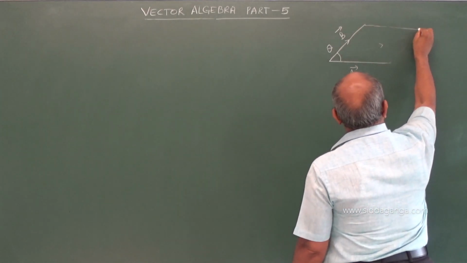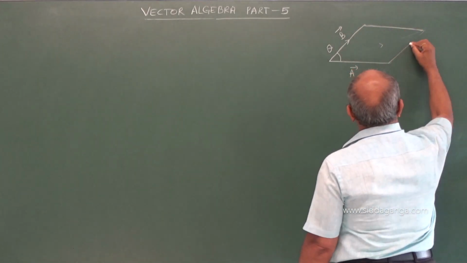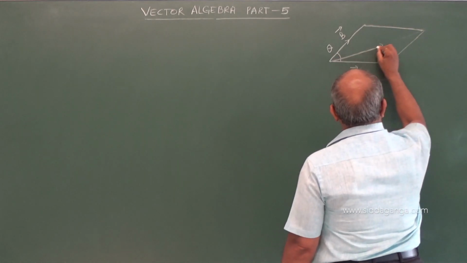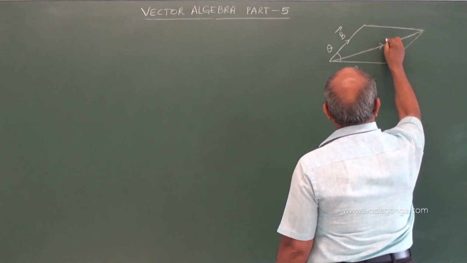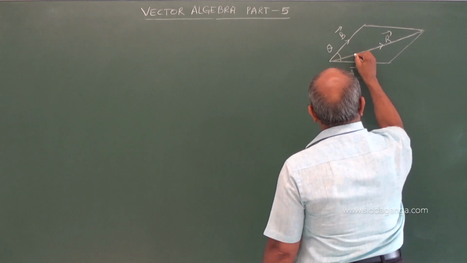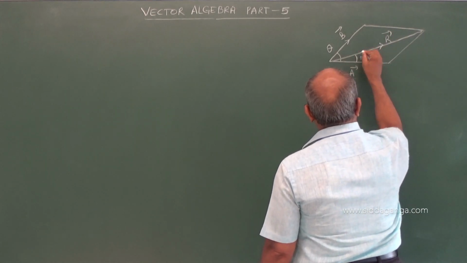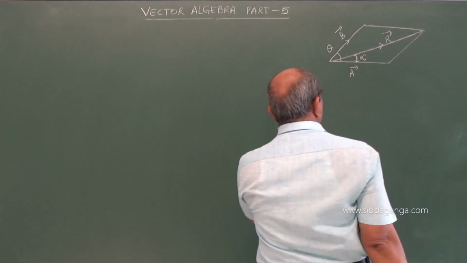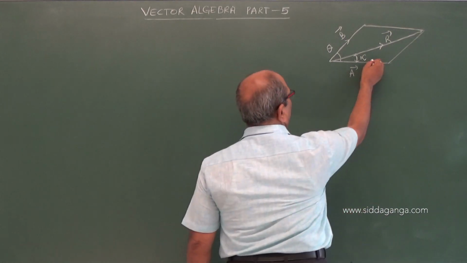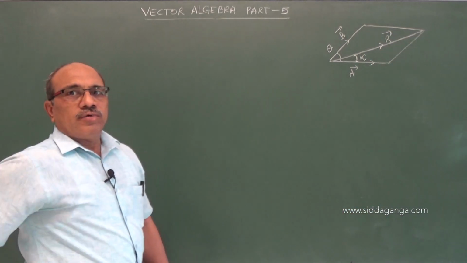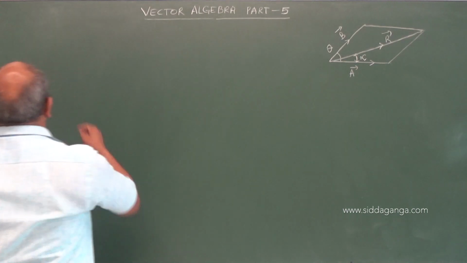So completing the parallelogram, this gives you the resultant R, where alpha is the angle made by the resultant with respect to one of the vectors, A. We have the relation for that.